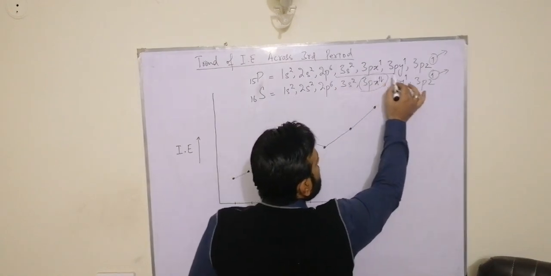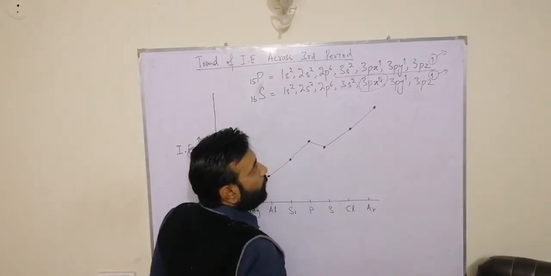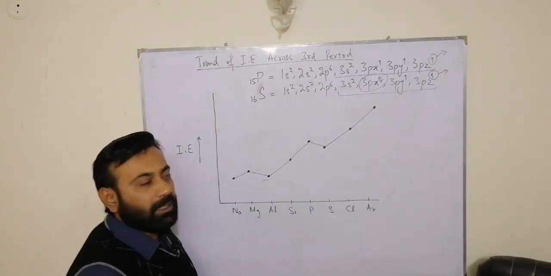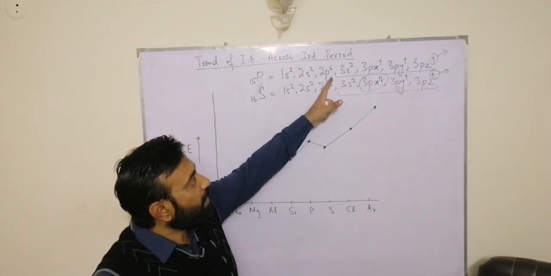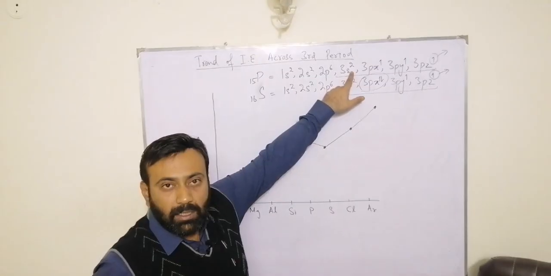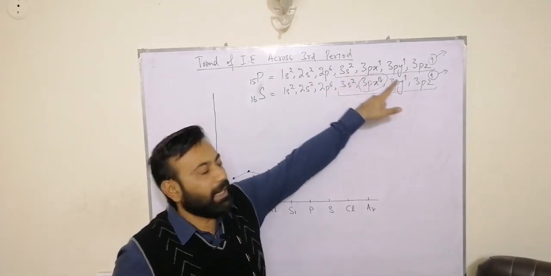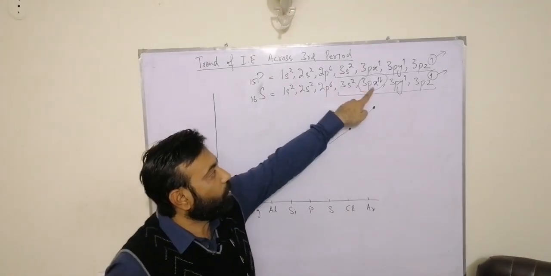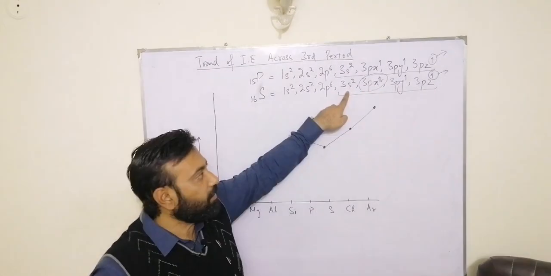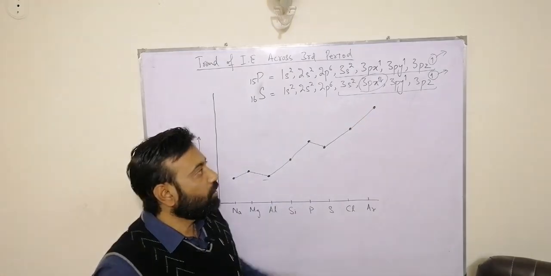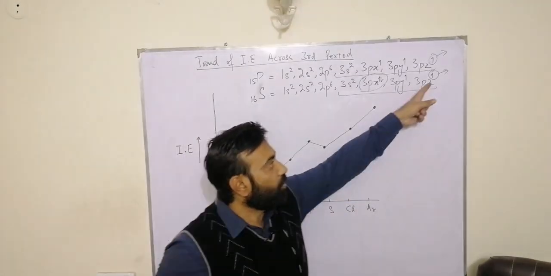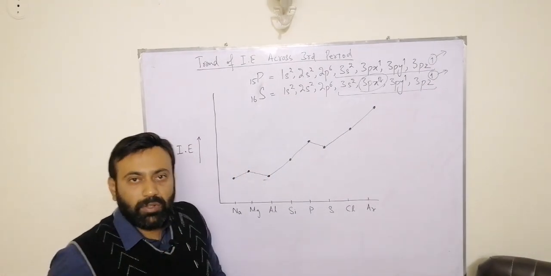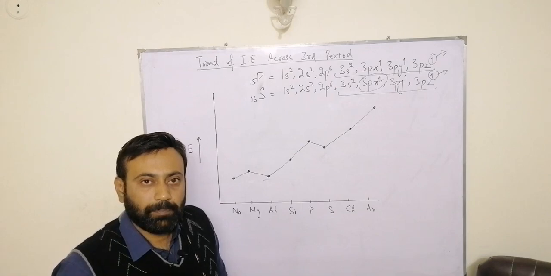In the case of phosphorus, there is only one electron pair in the outermost shell which will be repelling those electrons. But in the case of sulfur, there are two electron pairs, one in 3s and the other in 3px. So there is an extra repulsion on this electron as compared to that one. This is why it would require a little smaller amount of energy to be removed from the outermost shell.